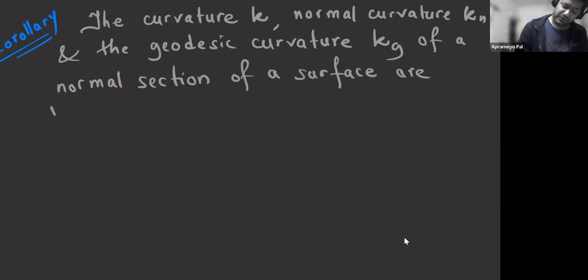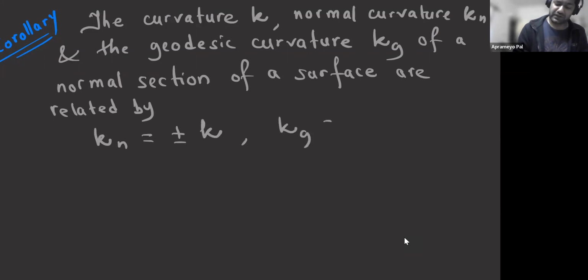Kappa n is nothing but plus minus kappa, and kappa g is actually 0.